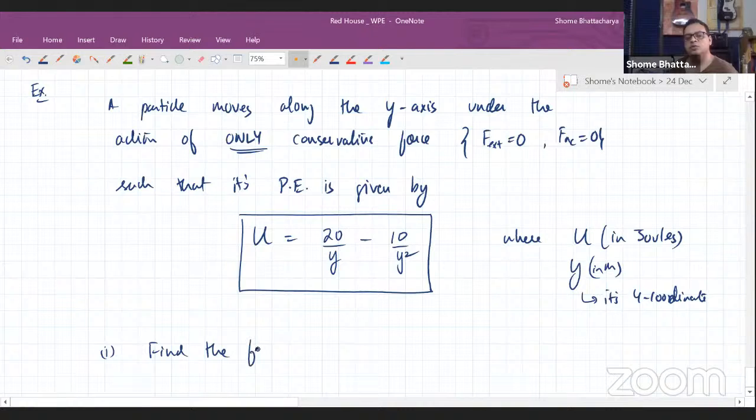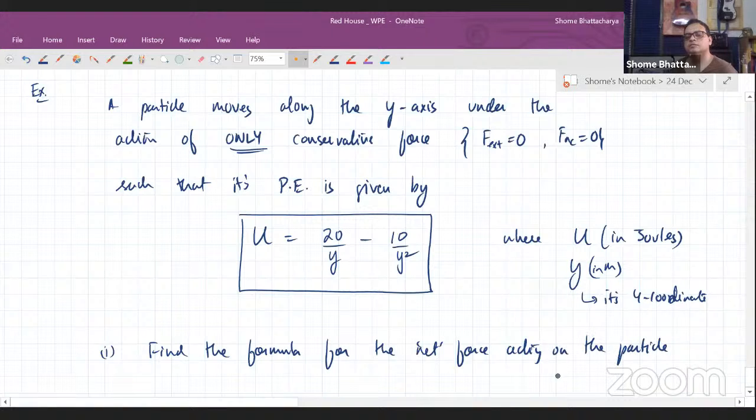So first of all, find the formula for the net force acting on the particle as a function of y.